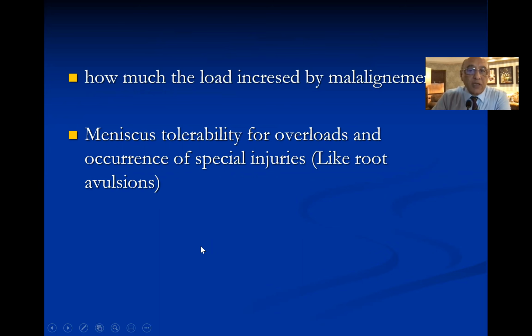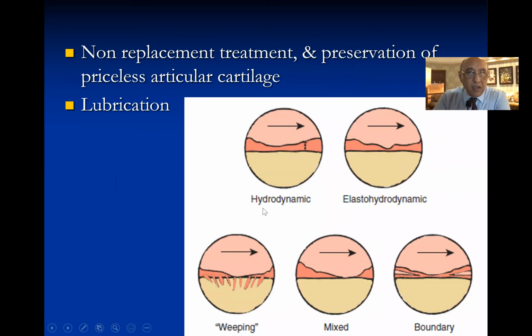The importance of the load over the menisci is another thing. Overload leads to disruption of the menisci with occurrence of special injuries like root avulsion or root tear. The cartilage itself is priceless.